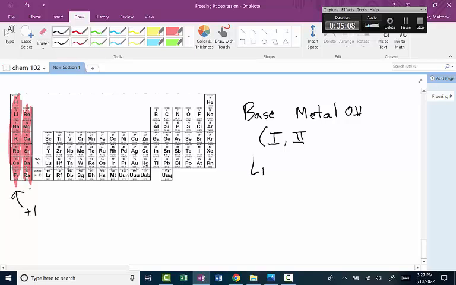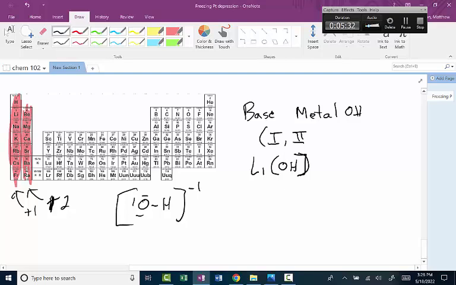It forms a +1 ion. This column forms a +2. And so lithium combines with hydroxide. Now, if you notice, hydroxide, OH minus, has a -1 charge, if you remember from previous outcomes in 101. So lithium hydroxide has 1 hydroxide because OH is -1.